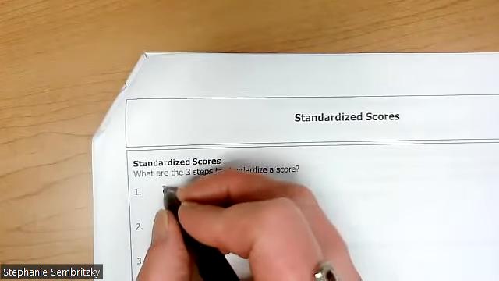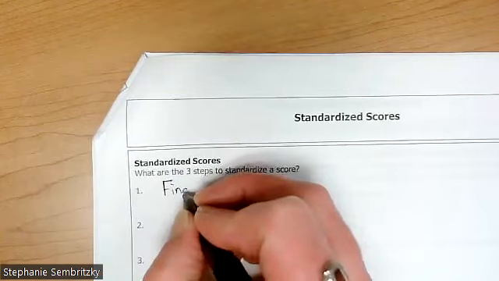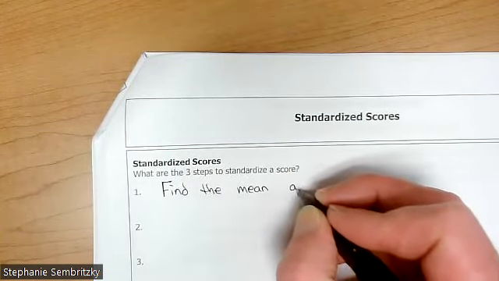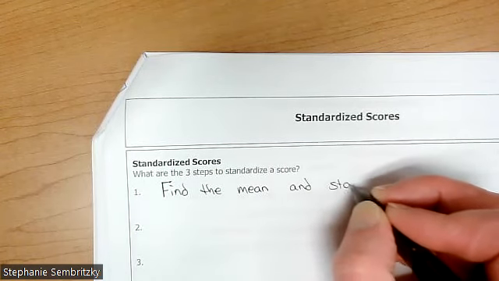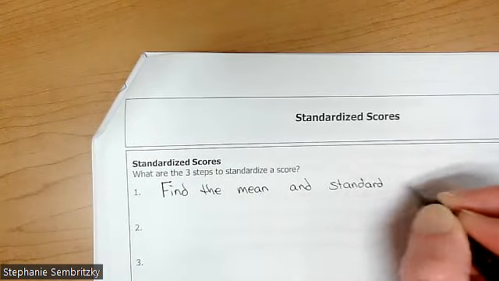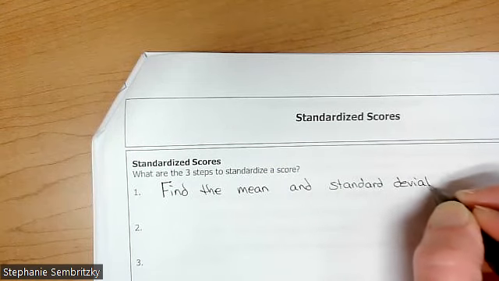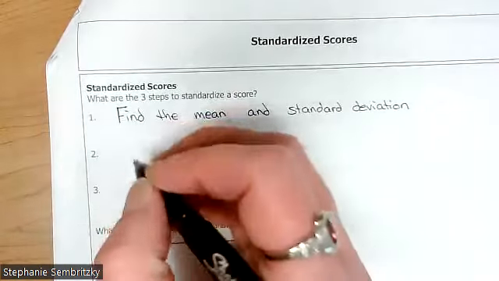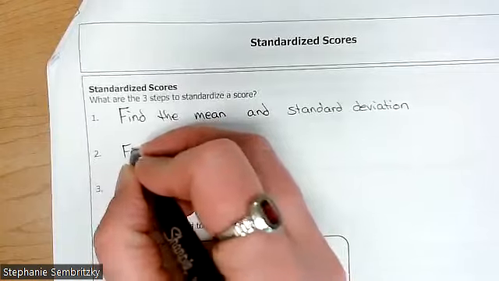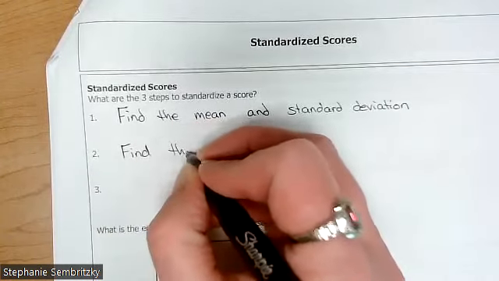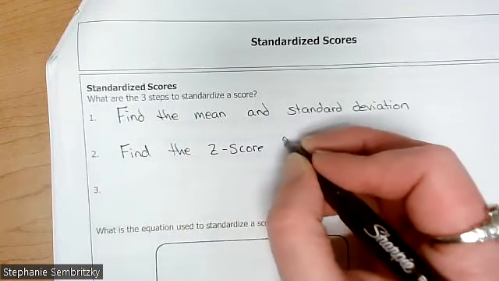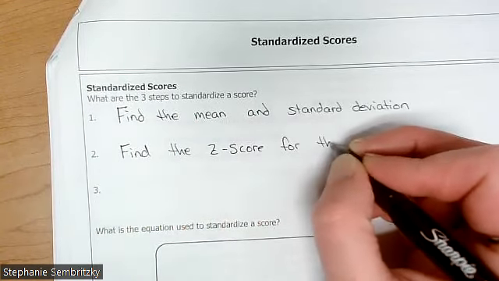So the first thing we need to do is find the mean and standard deviation. Once we know the mean and the standard deviation, we can find the z-score for the given value.